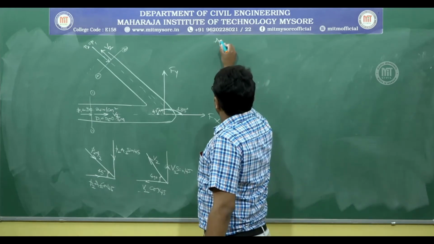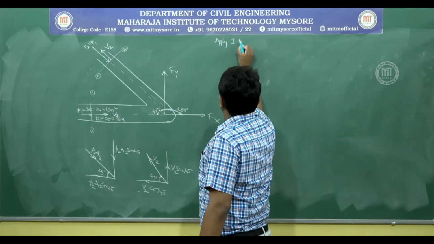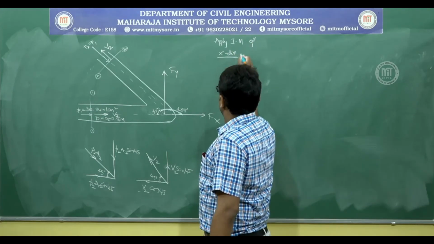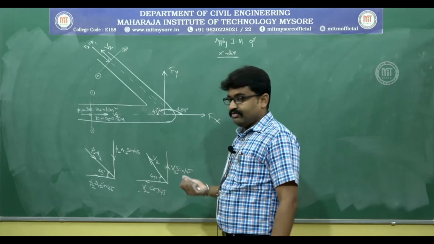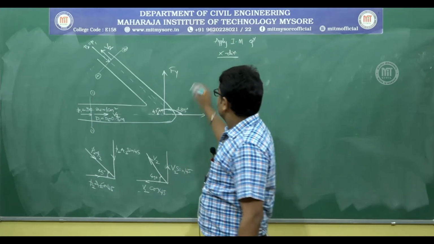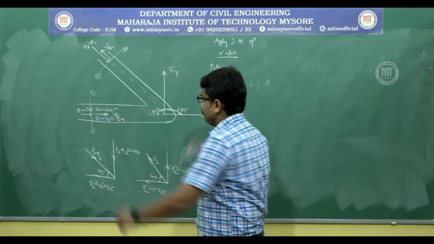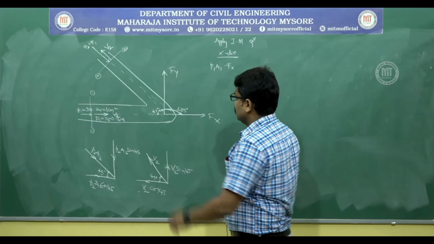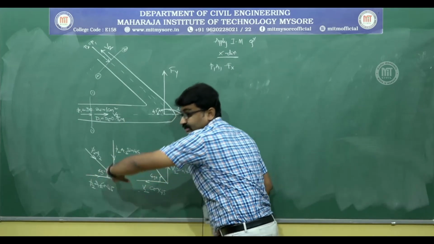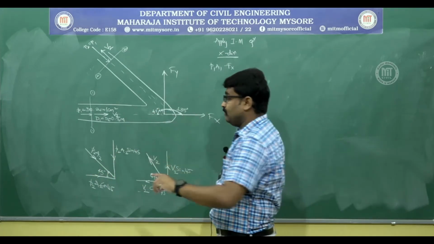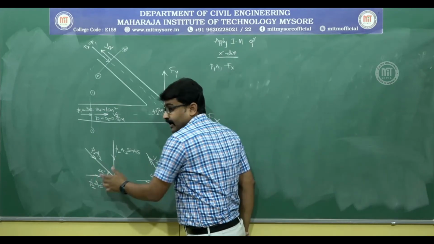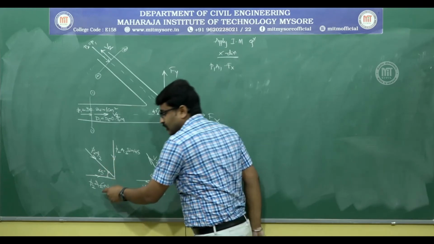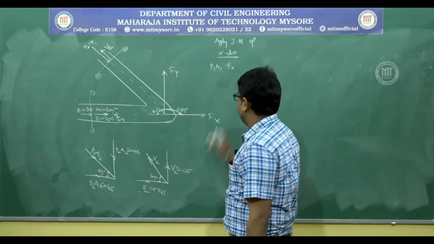So, apply the impulse momentum equation in x direction first. What is in x direction? Net force in x direction. So, you have P1 A1 in x direction minus Fx, in the positive x direction. Now, be careful: in the previous problem the P2A2 component in horizontal direction was in negative x, but now you have the same in positive x direction.